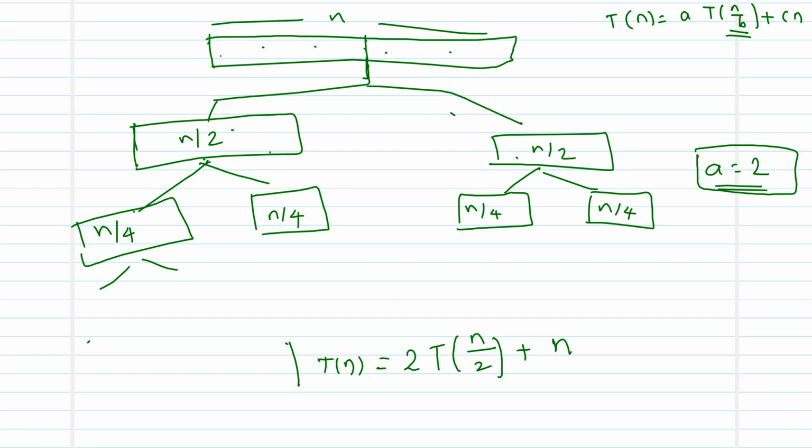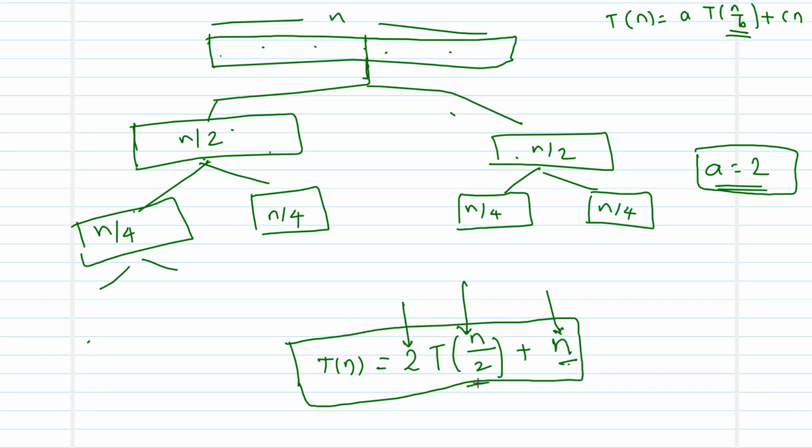This is the merge sort algorithm, which you might have studied in data structures. You divide each array by 2 and keep going till you reach the end. So this is the size of your subproblem, this is the number of subproblems at each recursion, and this n is the time required to divide the problem of size n into n by 2.